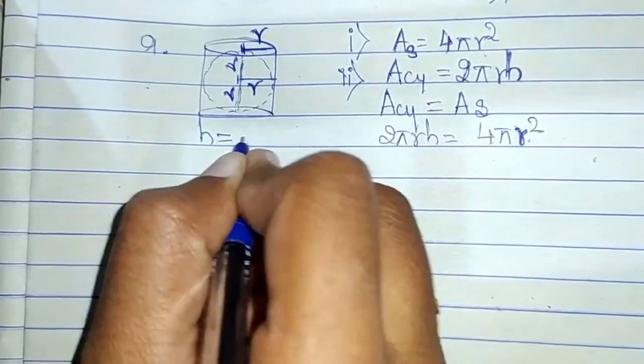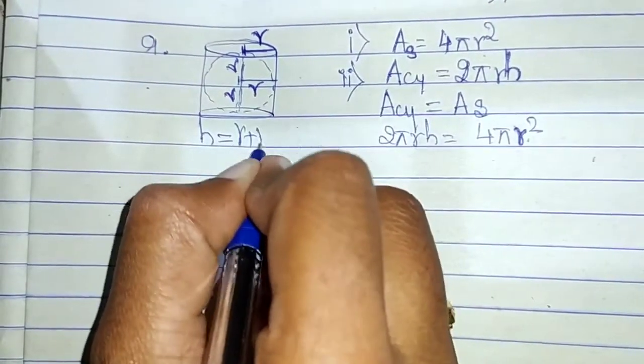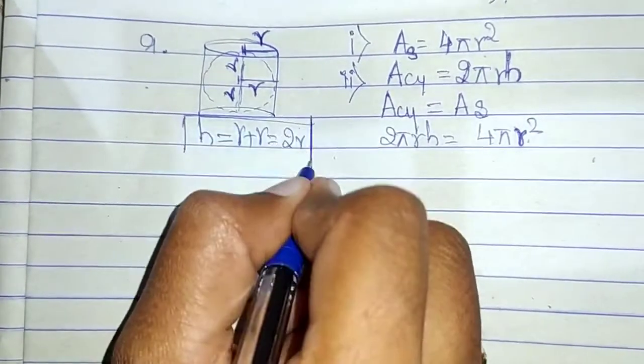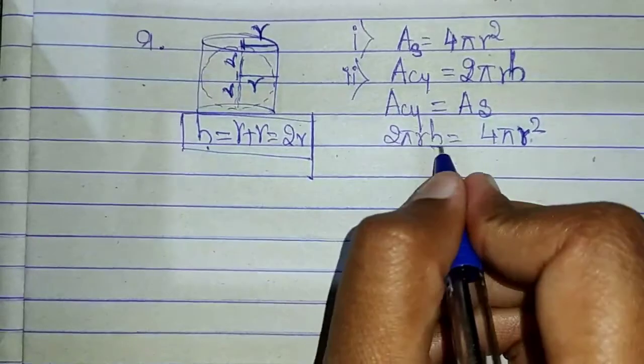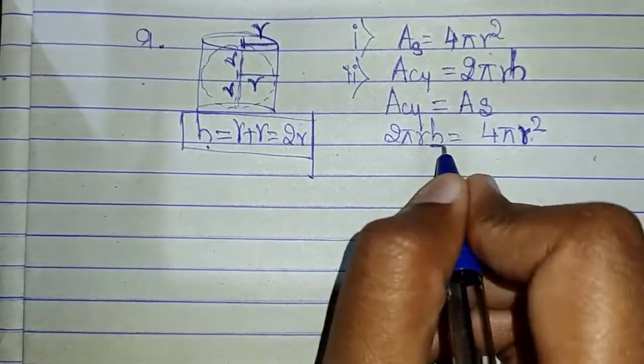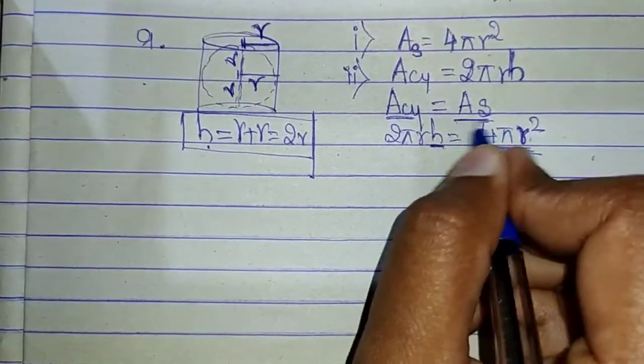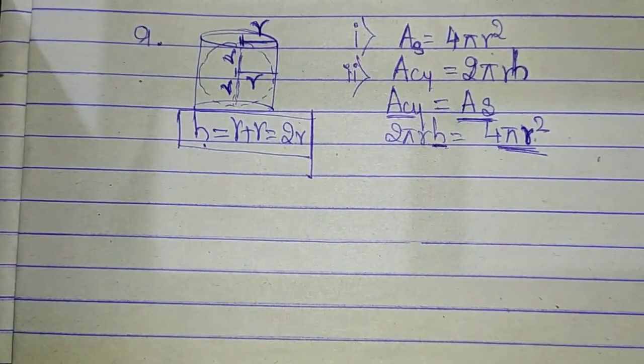So h of the cylinder is r plus r, which is equal to 2r. On substituting, we get 2 pi r h to be equal to 4 pi r square. So the area of the cylinder is equal to the area of the sphere.